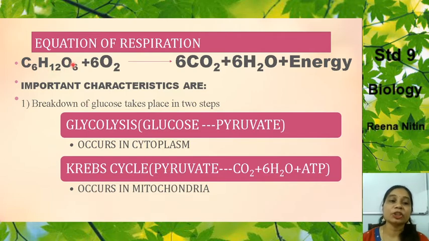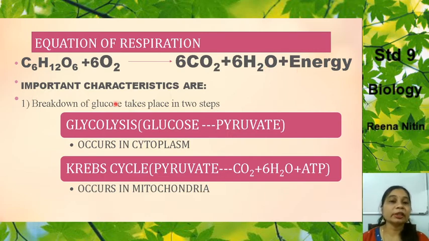It's C6H12O6, that is your glucose molecule which was produced by photosynthesis. It combines with oxygen, giving you carbon dioxide plus water plus energy. You have to learn this equation by heart. This is aerobic respiration: glucose plus oxygen gives carbon dioxide plus water plus energy.